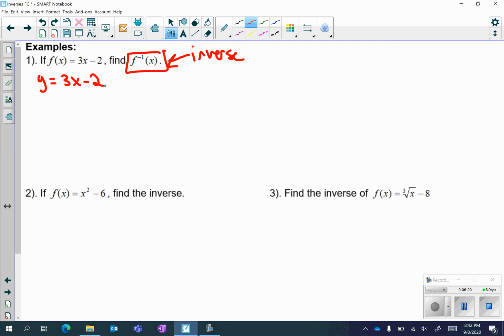Then your next step is to switch x and y. And the last step is to get y by itself. So I'm going to bring over the 2. And I'm going to divide by 3.